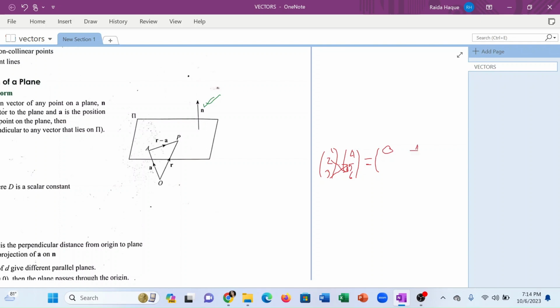So that is minus 3. For the second one, similarly, we will keep 2 and 5 aside, and then we will multiply 1 with 6 and 3 with 4. So 6 minus 12 is minus 6. And then for the very last part, we will again repeat the same thing but with the top two ones. So that is 5 minus 8 is minus 3.